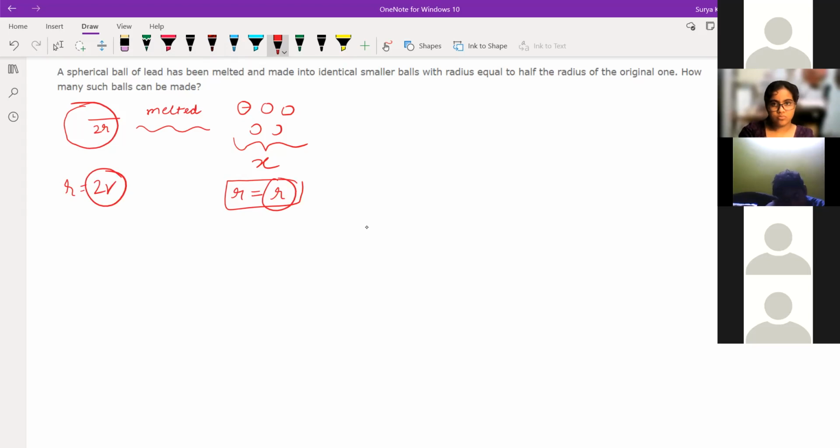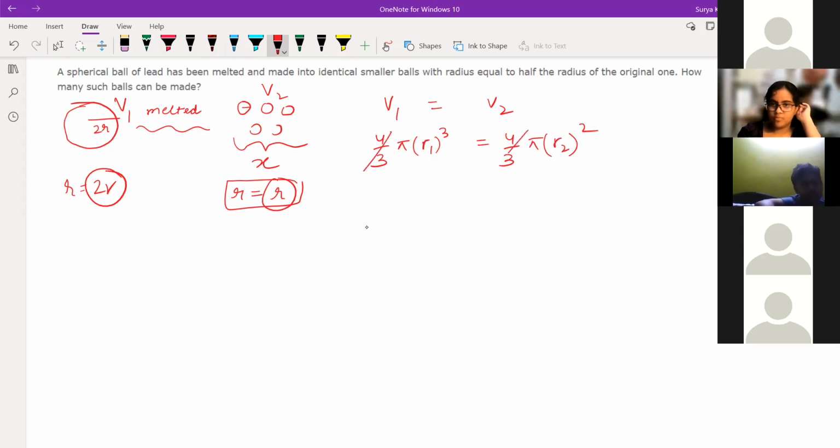So how many small balls will be there? Suppose this is the volume V1 of the bigger one, and this is V2. V1 is equal to what? V2. So 4 by 3 pi R1 cube is equal to 4 by 3 pi R2 cube. Yeah, the 4 by 3 and pi will get cancelled. So it is equal to 8 R cube by R cube, and here you should multiply by X also, because this is the volume of X balls, right?